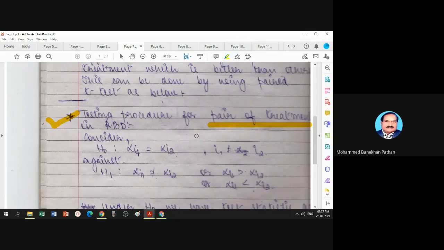So how can I decide whether A is good or not? For that purpose, I have to compare A with B, A with C, and then compare B with C. By making these 3 comparisons, I am able to decide which treatment is better than the other. That is called testing pair of treatments.